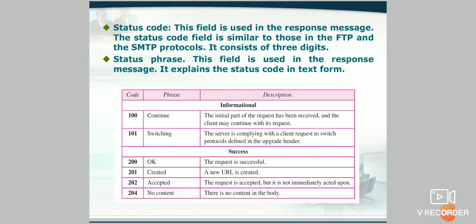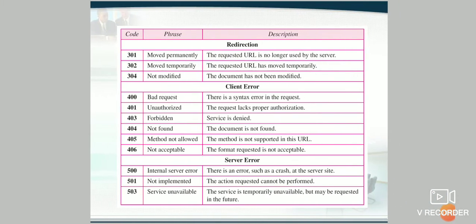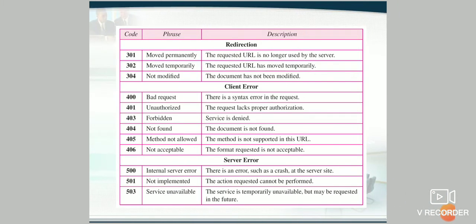Like status codes, the status phrases also represent the status of the request. This field is used in the response message, and it explains the status code in text form, like okay, created, accepted, etc. Next are the status codes and phrases for redirection.